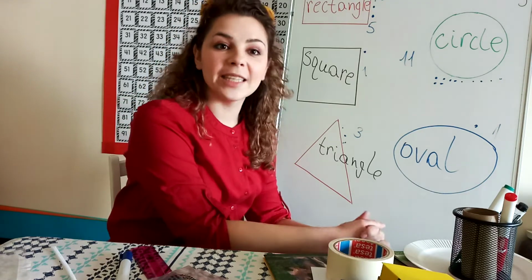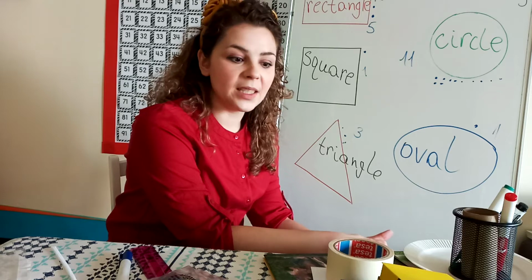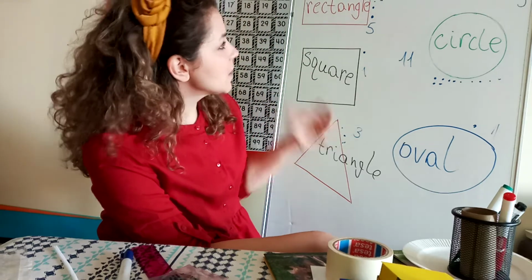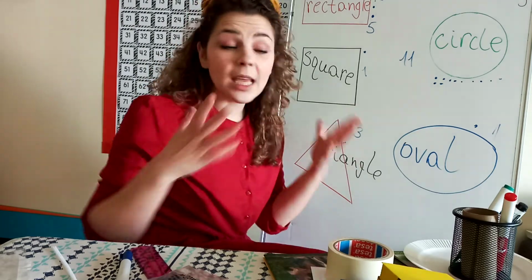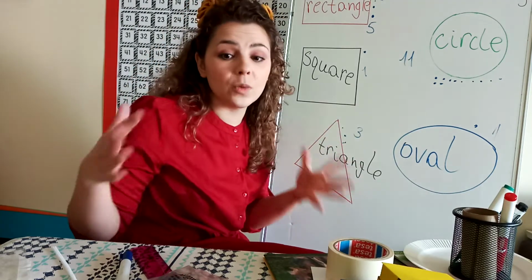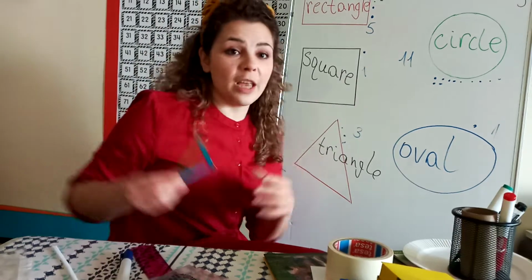Okay, so guys, what I wanted to do with this video is just to remind you a little bit of the names for these shapes, to show you how we write these words, and to make you take a closer look at the things that we use at school. Okay, you can find these 5 shapes everywhere.